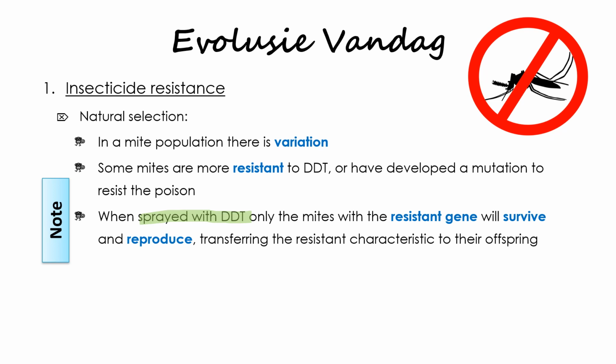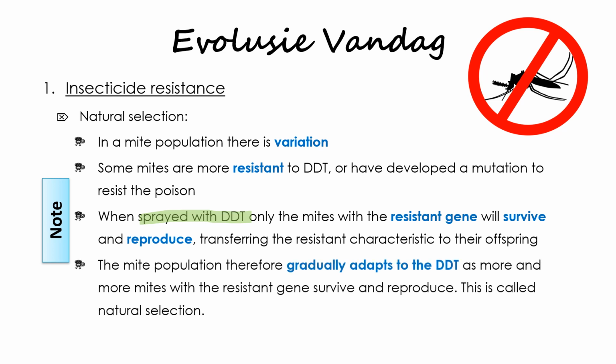Something happens, they're going to spray the mosquito with the insecticide, with DDT. En die wat weerstandig is, gaan oorleef en hulle kan voortplant. Die wat nie kan oorleef nie, gaan natuurlik sterf en hulle gaan dan nie kan voortplant nie. So as over many generations, we are going to find that there will be more organisms that are resistant, and we call this natural selection. Reg, so dit is een voorbeeld van evolusie vandag.